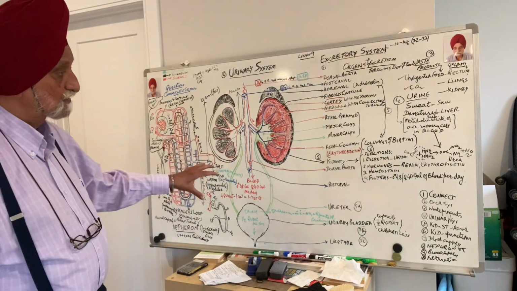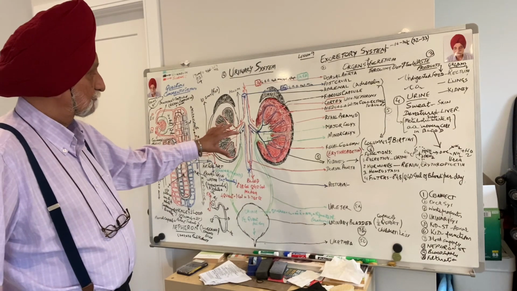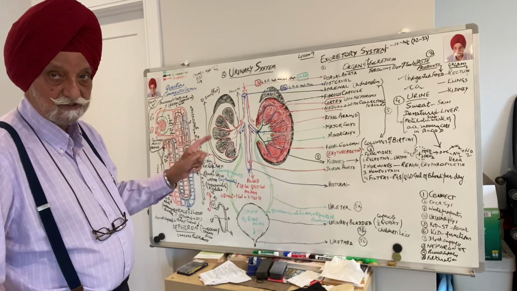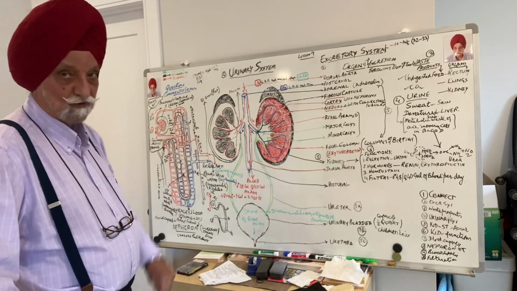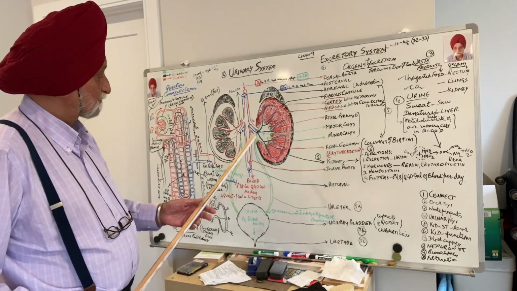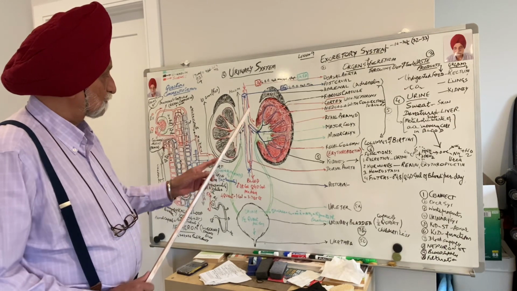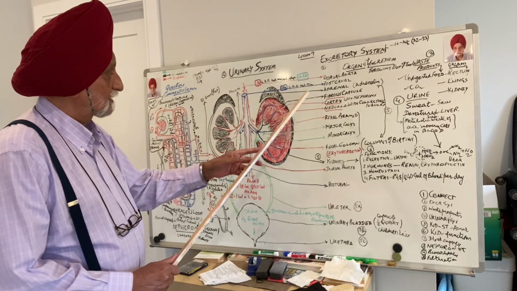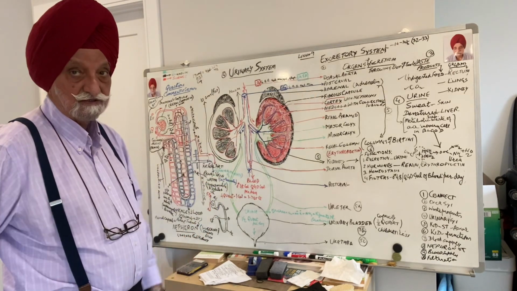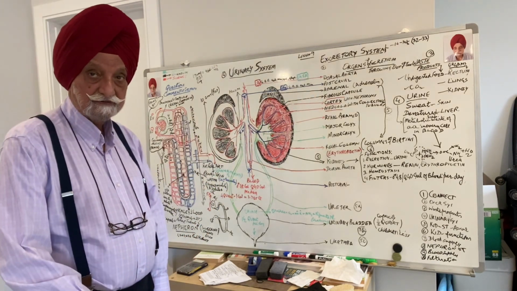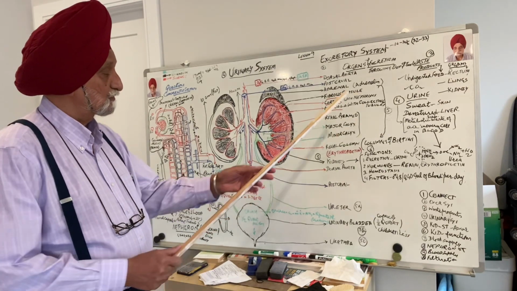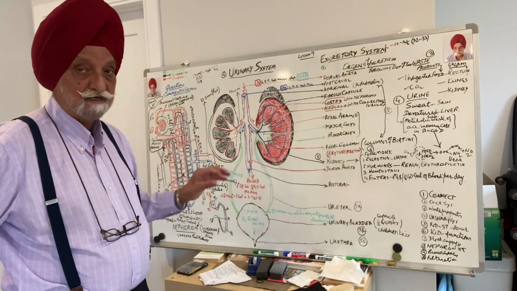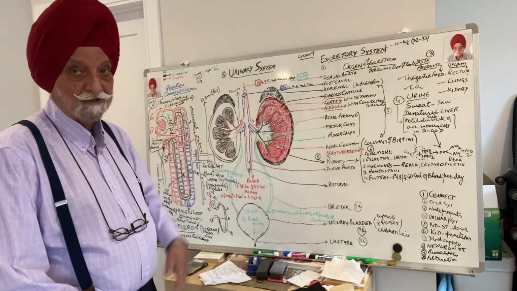So these are the organs of the urinary system. Now we'll look at each organ one by one. By the way, on the top of the kidney there's a gland called the adrenal gland. This is an endocrine gland, a ductless gland, and it produces adrenaline. I am telling about adrenals because they are present on the top of the kidney.